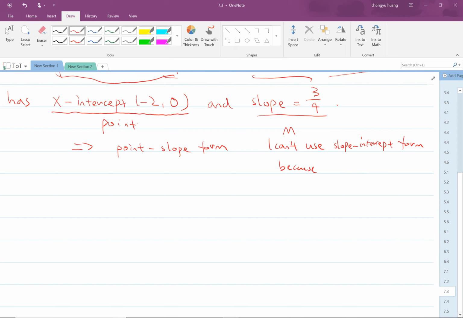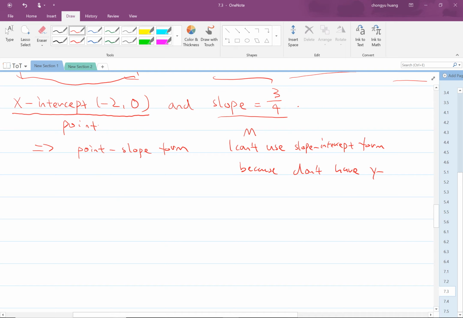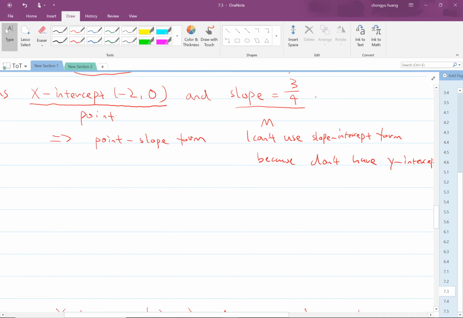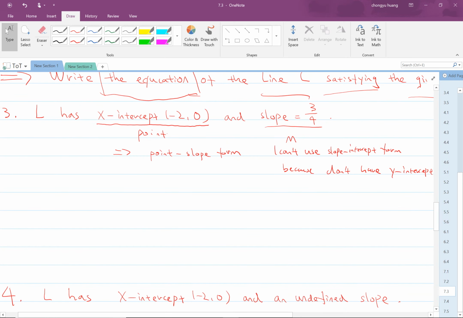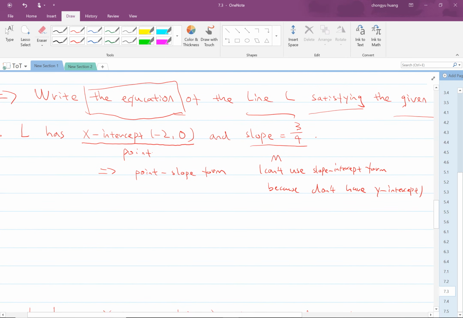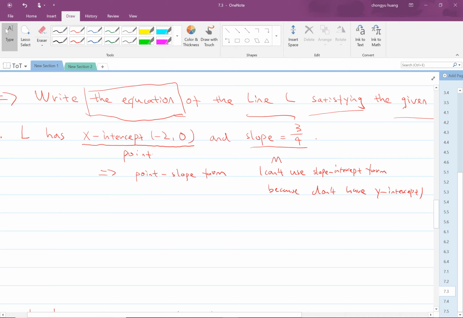We cannot use the slope intercept form because we don't have the y-intercept. Here we are only given the x-intercept and the slope.